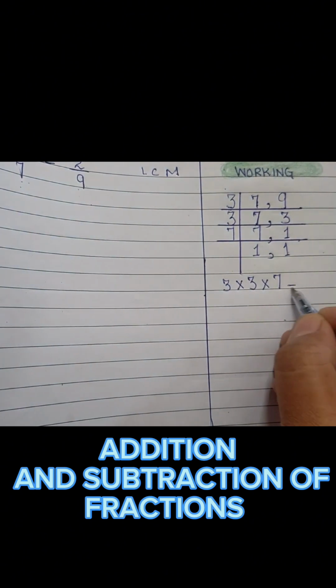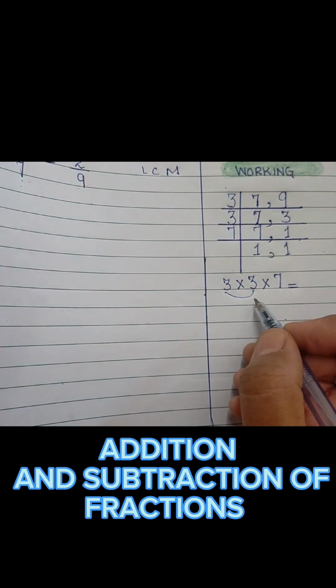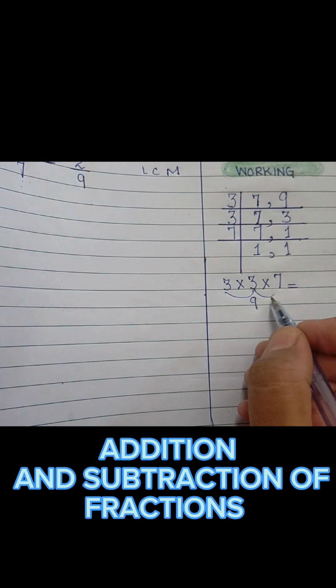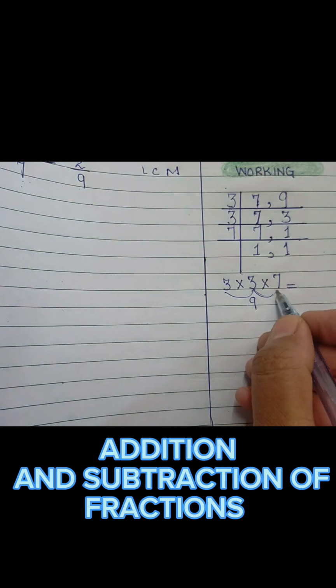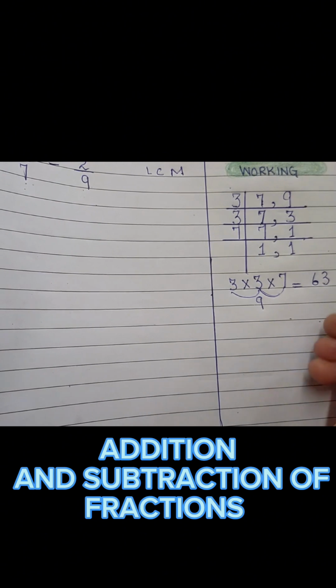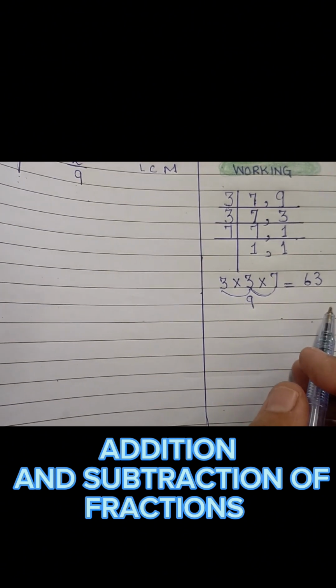And then I will put an equal sign. 3 times what gives you 3? 9, correct? And 9 times what? 9 times 7 gives you what? 63. My LCM is 63. Least common multiple is 63.